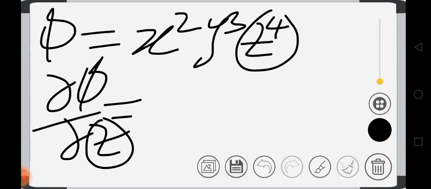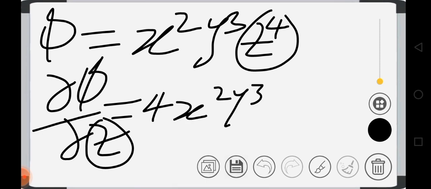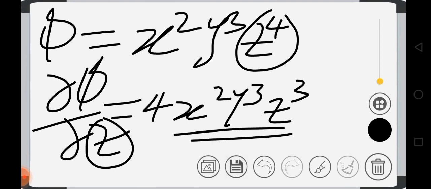Remember, you use this 4 to multiply z, then you remove 1 from the power 4. That's how to differentiate. So differentiating this z, we're going to have 4z cubed. That 4 is going to come out, the rest will remain the same, and z will not be to the 4 anymore, it will be cubed. So we're going to have 4x squared y cubed z cubed. That's going to be the answer to that.